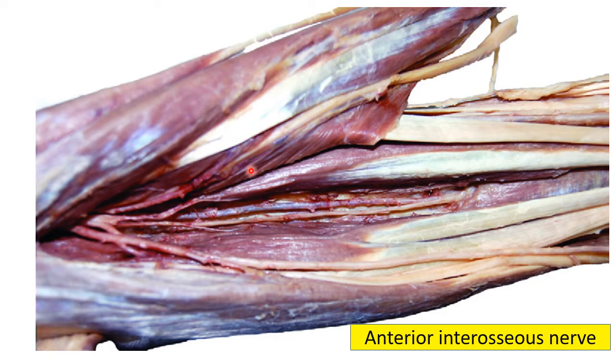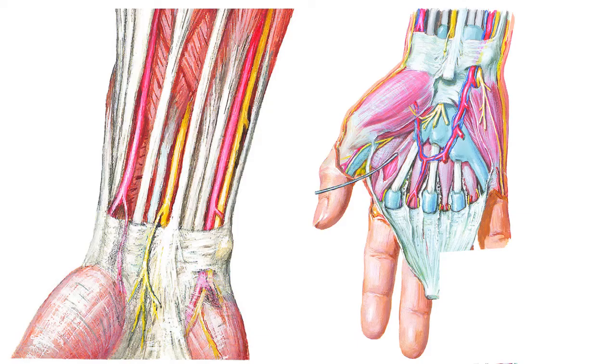All these muscles have to be removed in order to see this deepest structure, the anterior interosseous nerve. So this is the anterior interosseous nerve, which is a branch of the median nerve. If they tie any nerve which is present most deep underneath the superficial group of flexor compartment muscles, it is nothing but the anterior interosseous nerve.